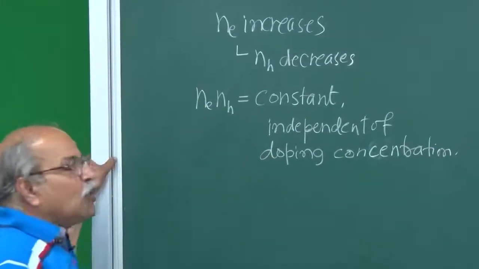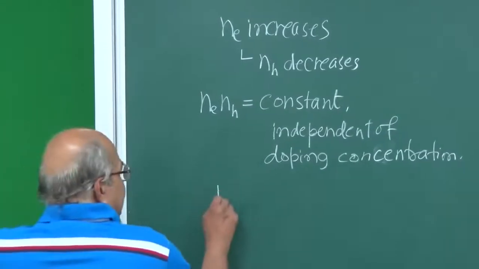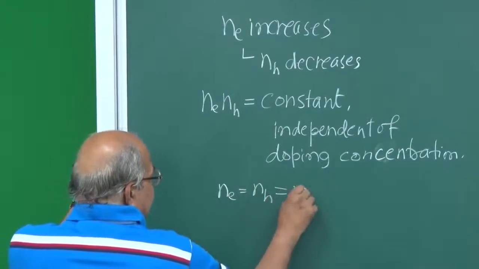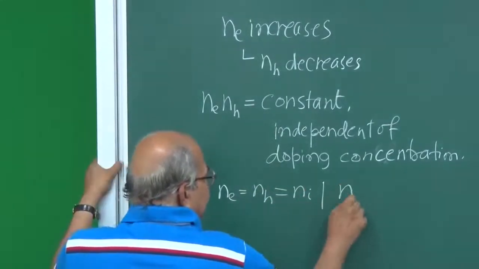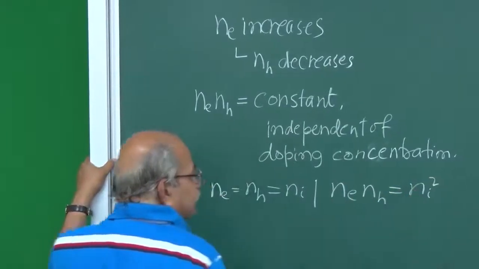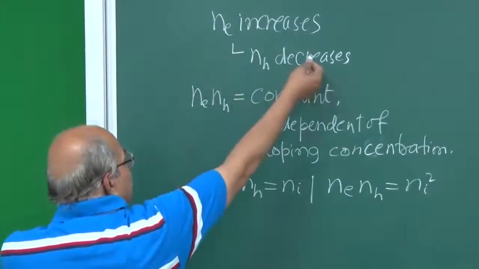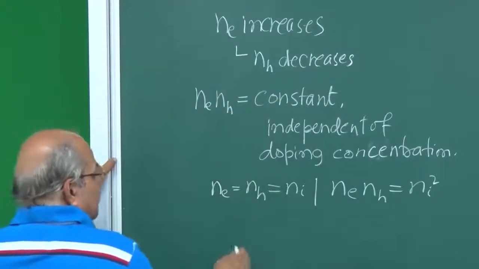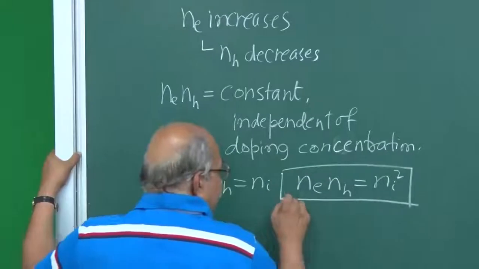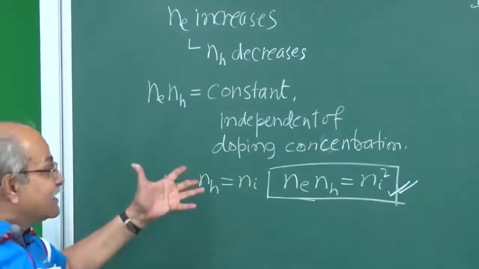If you do not dope and leave it intrinsic, then Ne is equal to NH, and we write it as Ni. So Ne into NH is Ni square. When you dope, Ne has gone up, NH has gone down, but this relation still holds.